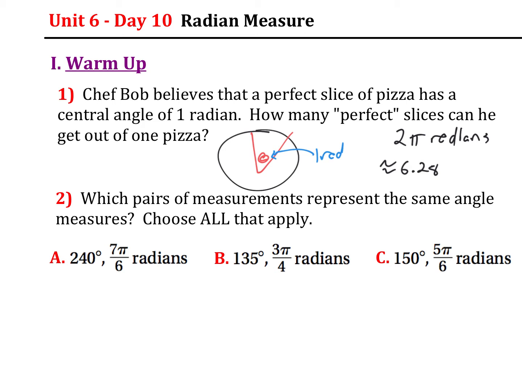If I want to know how many perfect slices there are, there would only be 6 perfect slices, because that 0.28 is just going to be a weird little sliver. No one wants that. So according to Chef Bob, we would have 6 perfect slices.